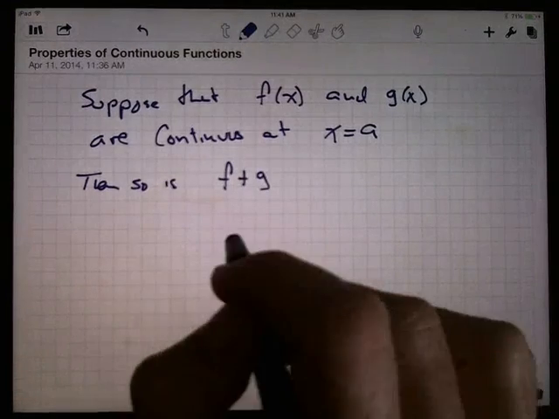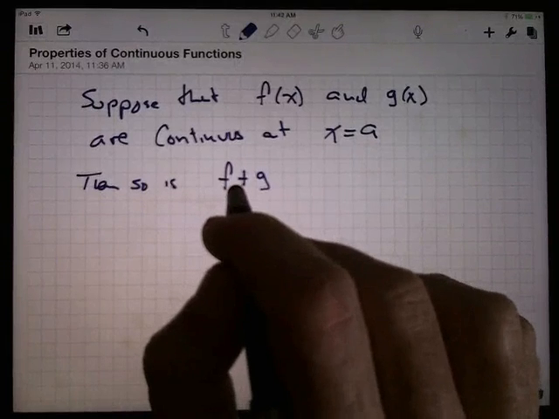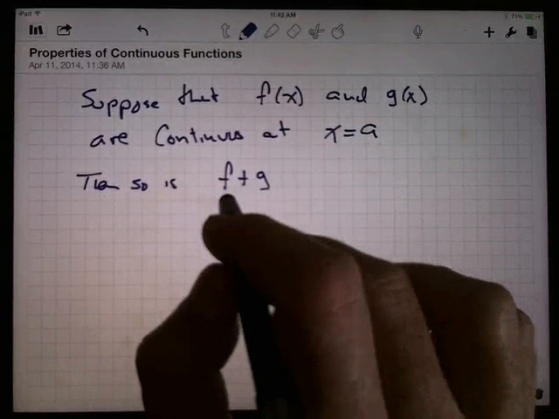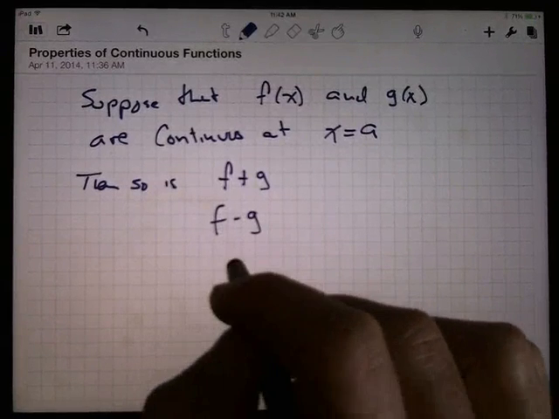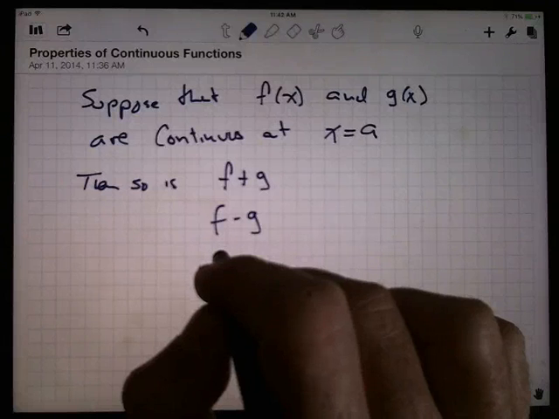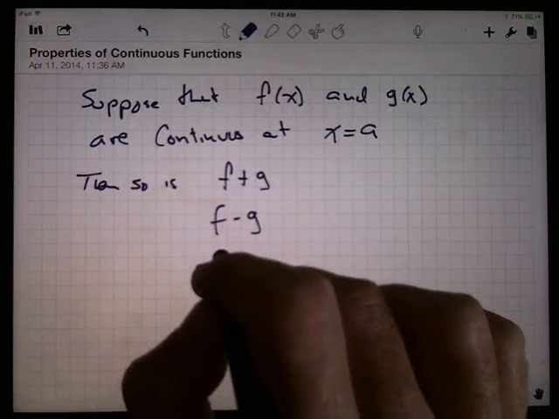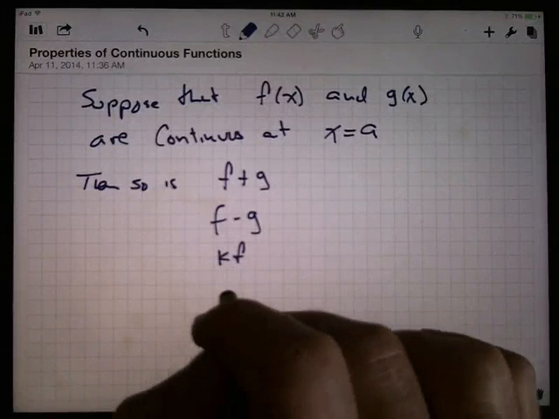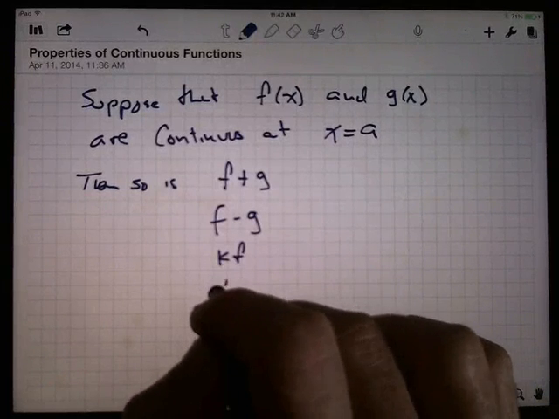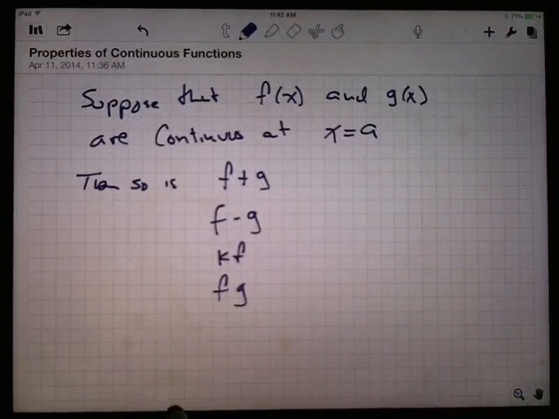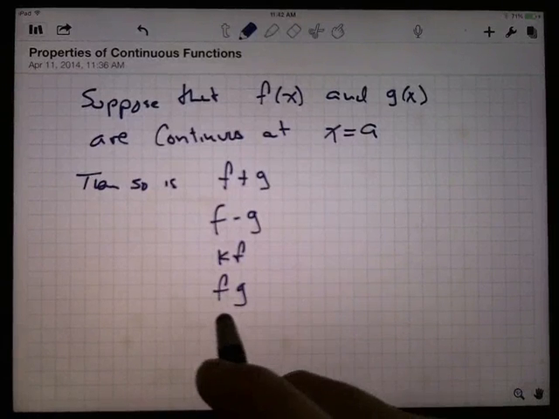g, right? If you add two continuous functions together, you're going to get a continuous function. If you subtract them, f minus g, right? If you multiply by a constant, so k times f, that will also be continuous. If you multiply the two functions together, that will be a continuous function.